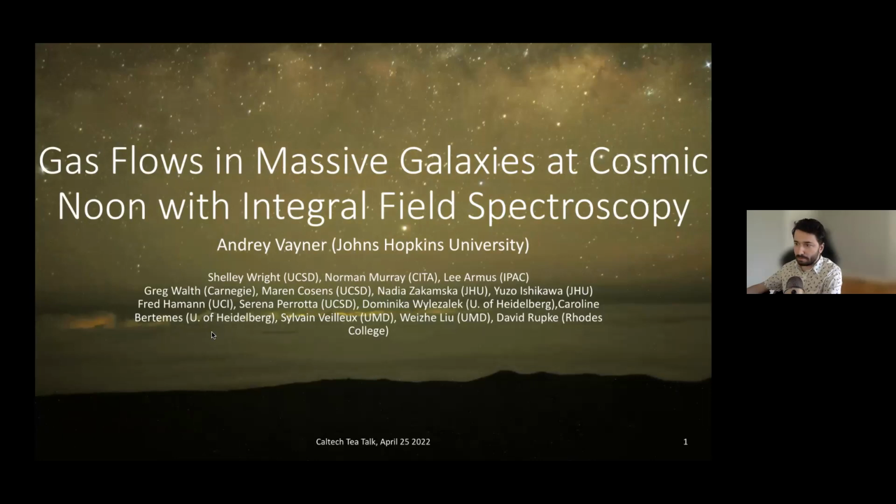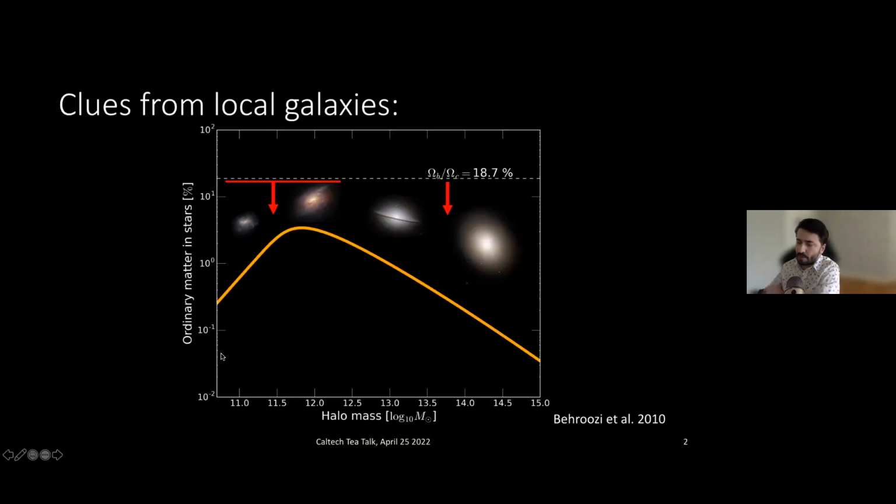Okay, so I'm primarily interested in trying to understand how massive galaxies form and evolve. And there's a lot of clues about how that happens from just looking at nearby galaxies. So I like to start with this somewhat motivational plot. On the y-axis, what is being plotted is the percentage of ordinary matter that is locked up in stars in local galaxies.